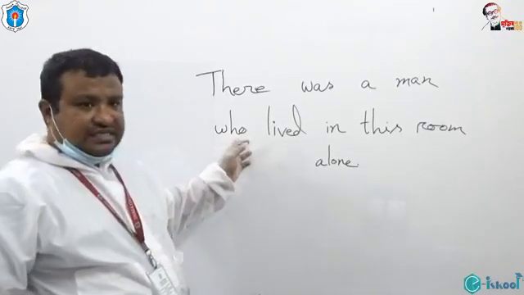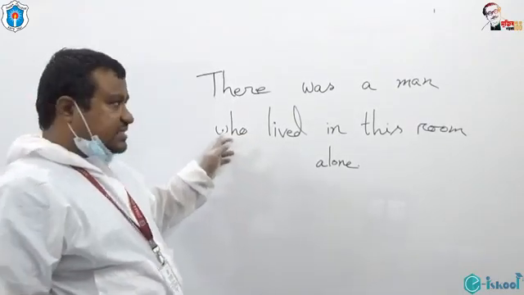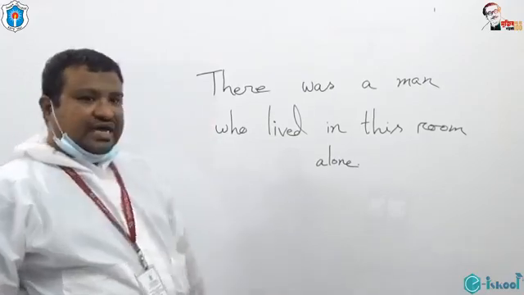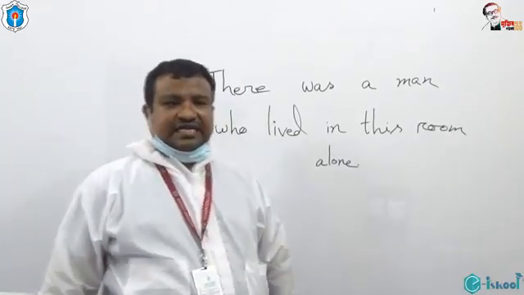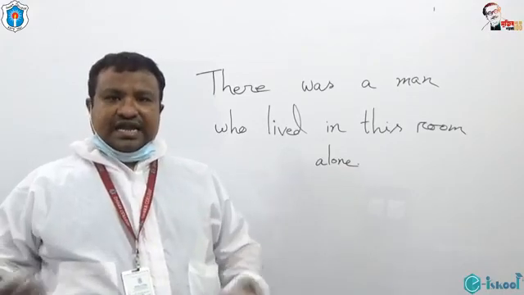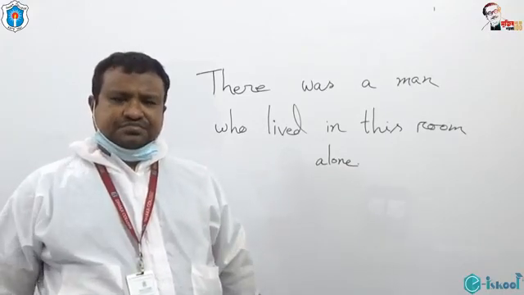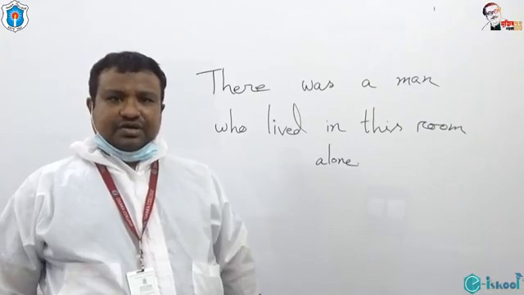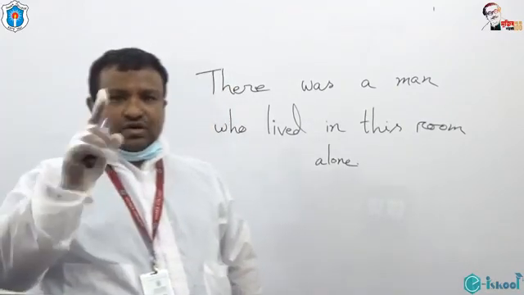Here the relative pronoun is used in between the sentence. When we are completing any sentence where the introductory there is used and at the same time a relative pronoun is used, we must focus upon the tense.